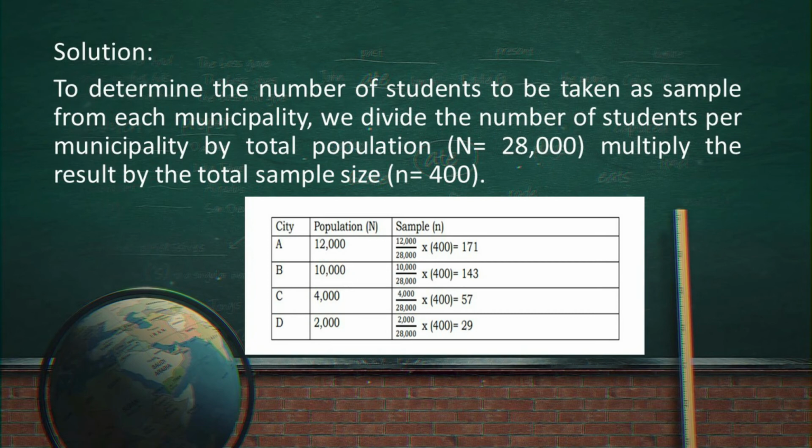So we divide the number of students, which is 12,000, by the total population, 28,000, times 400. So there are 171 students to be taken as sample from Los Baños. Same as the other municipalities.